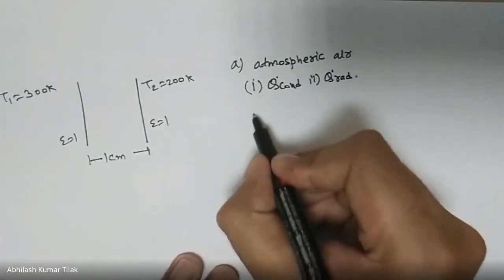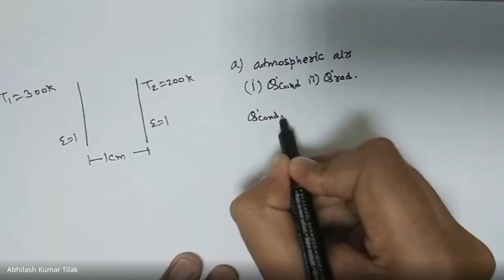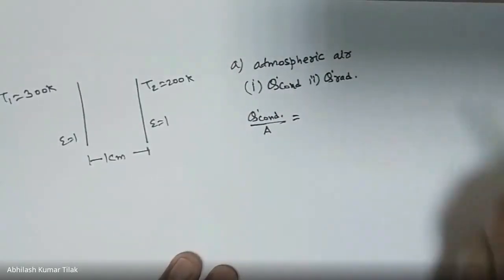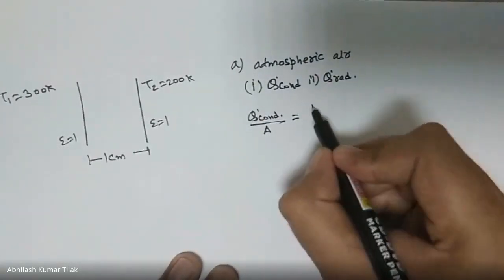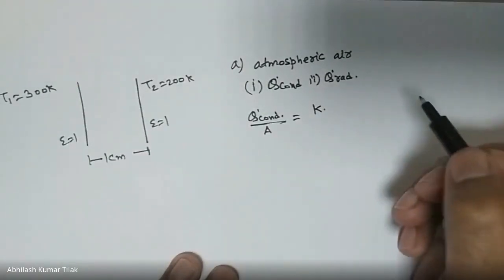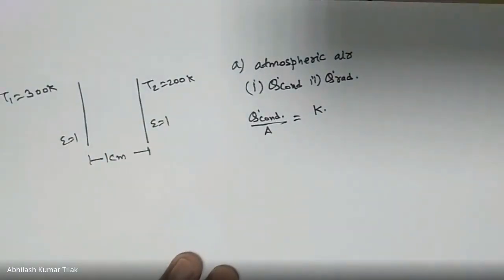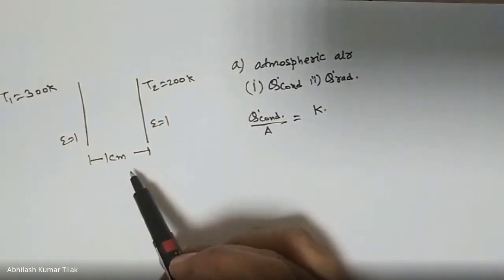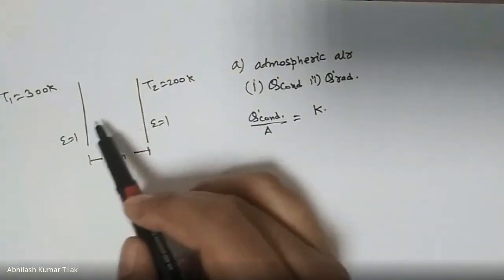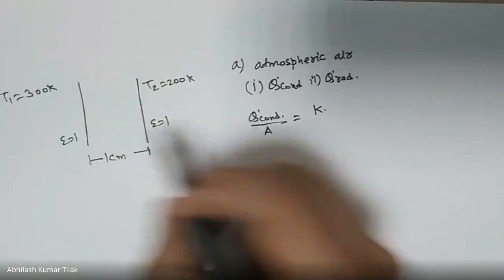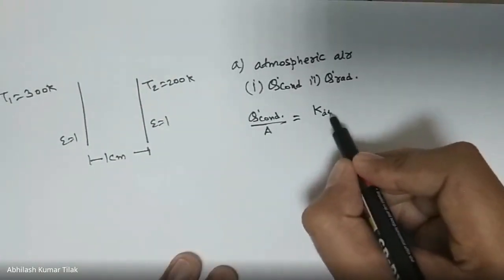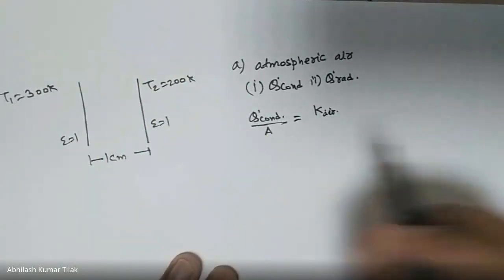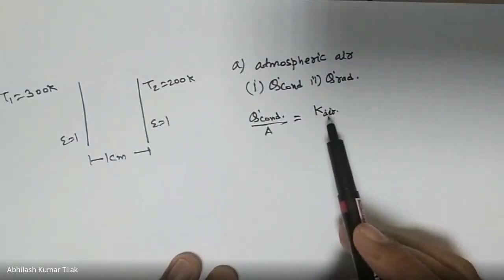Q conduction per unit area can be written as K into delta T. These two plates are 1 centimeter apart, and heat is flowing through atmospheric air, so this would be K air, the thermal conductivity of the medium.